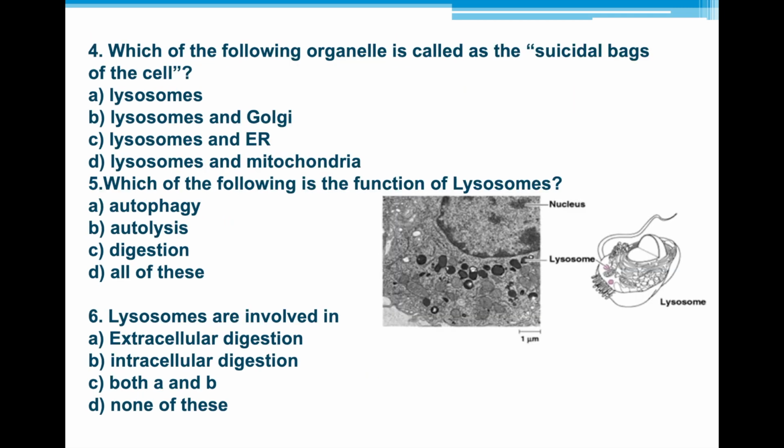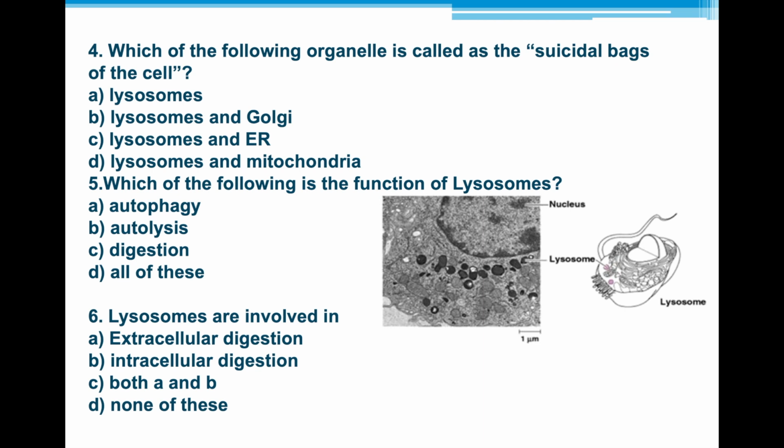Question number 4. Which of the following organelle is called as the suicidal bags of the cells? Options are lysosomes, lysosomes and Golgi, lysosomes and ER, lysosomes and mitochondria. Question number 5.